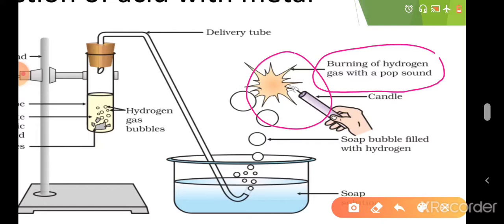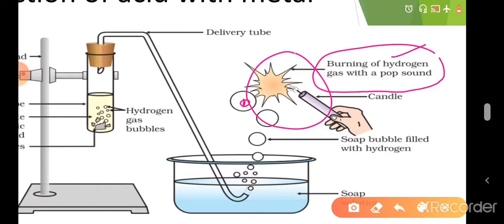So that shows that the gas inside the bubbles is a combustible gas, means it burns with the help of some ignition temperature. And we know the property of hydrogen from the previous standards, that hydrogen is a combustible gas. Nowadays we are using hydrogen as a fuel as well.